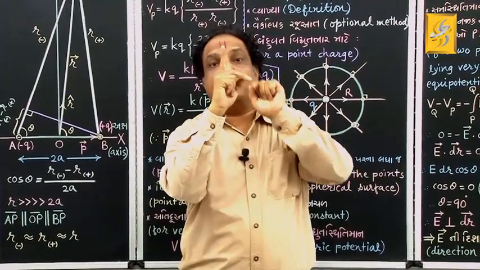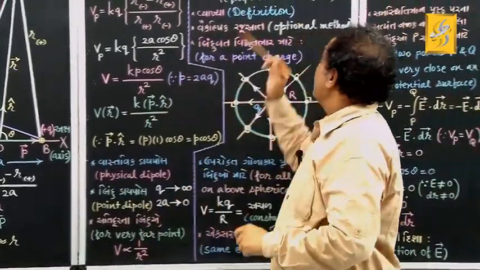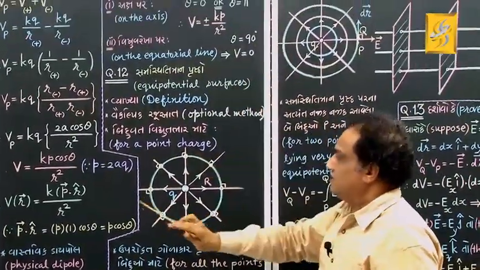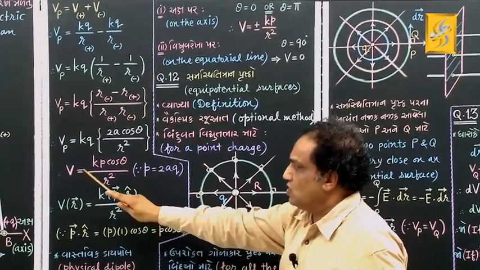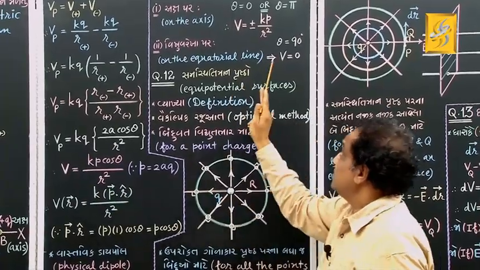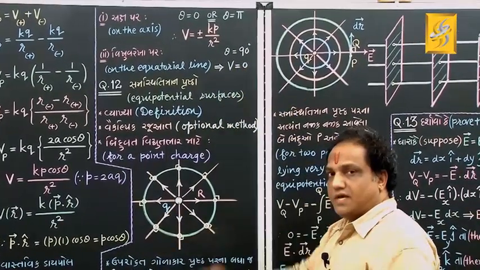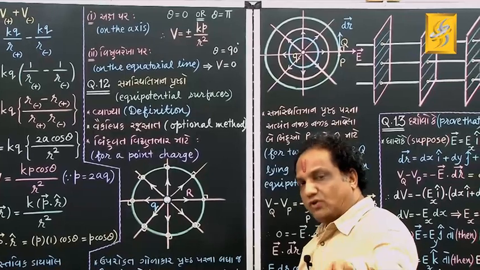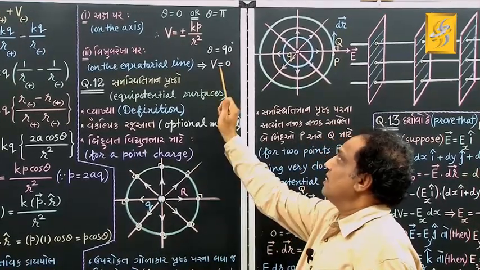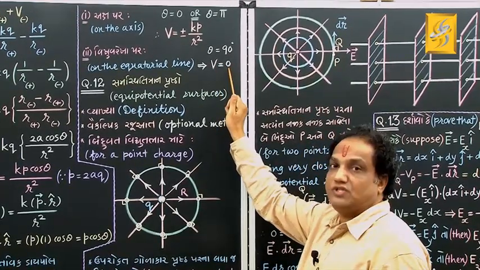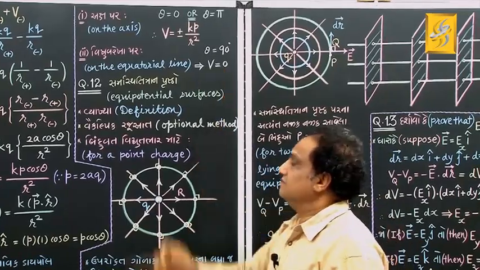Then what is the angle between them? 90 degrees. When theta is 90 degrees, cos 90 will be 0. So at that time electric potential is 0. At all the points on the equatorial line of an electric dipole, electric potential comes out to be 0, got it?